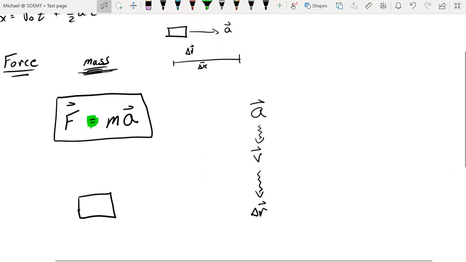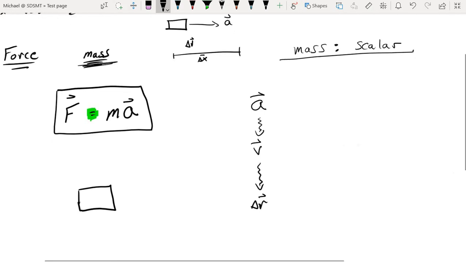And mass is going to be a scalar quantity. If you remember back to our definitions of vectors and scalars, vectors have to have a physical direction associated with them. Well, what direction does mass point? And if that doesn't sound like it makes sense, it's because it doesn't. And that's because mass is a scalar.